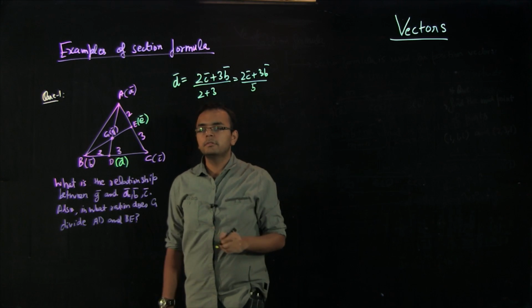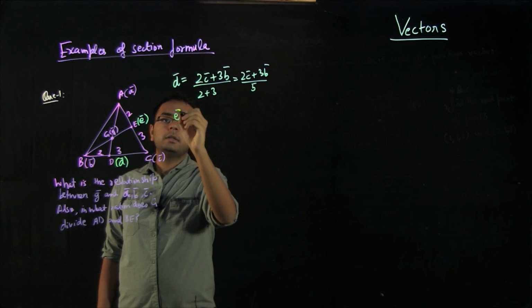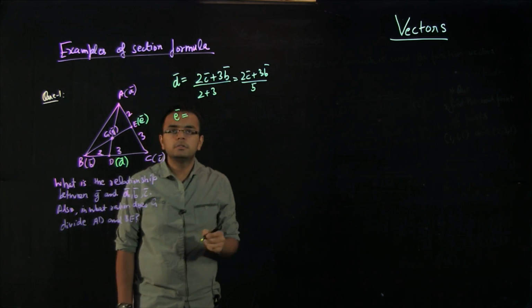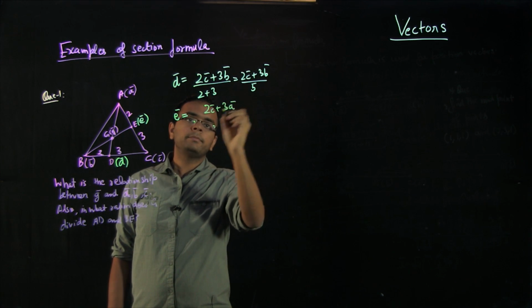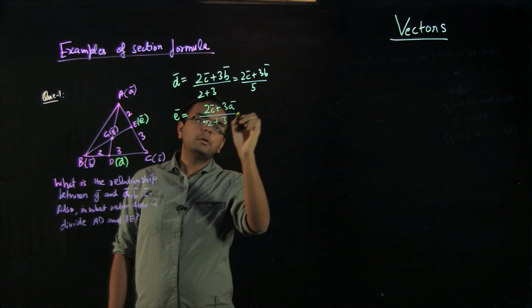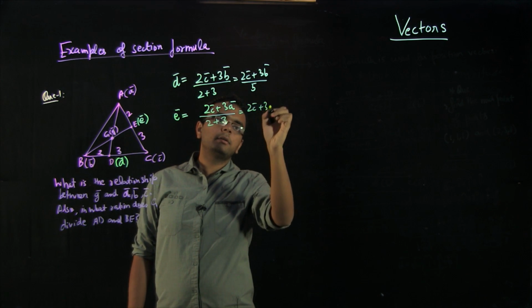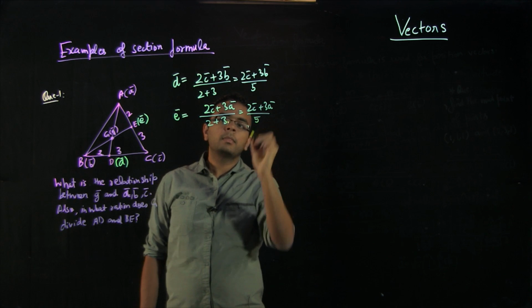We have covered this in the last video. Similarly, we also know that E vector is 2C vector plus 3A vector by 2 plus 3, or 2C vector plus 3A vector by 5.